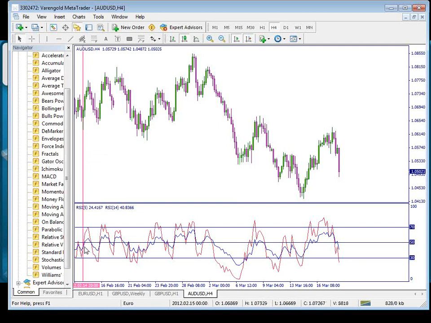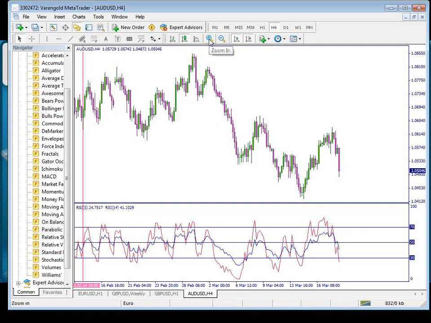We can see that here is the cross and here is one reversal of the price. So if at this intersection we go into one buy order, we will have some profit until the price changes.